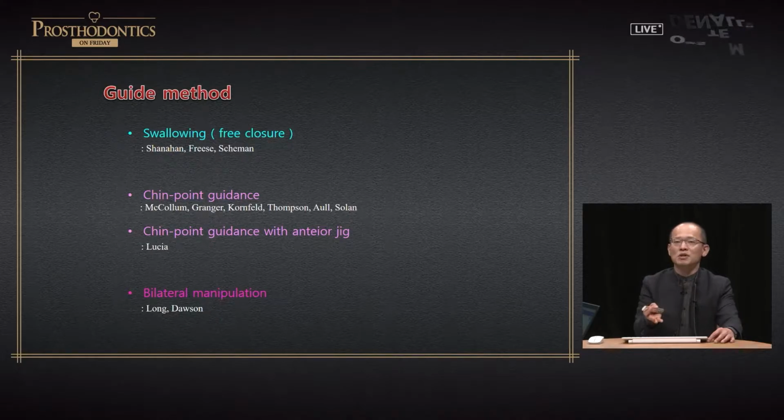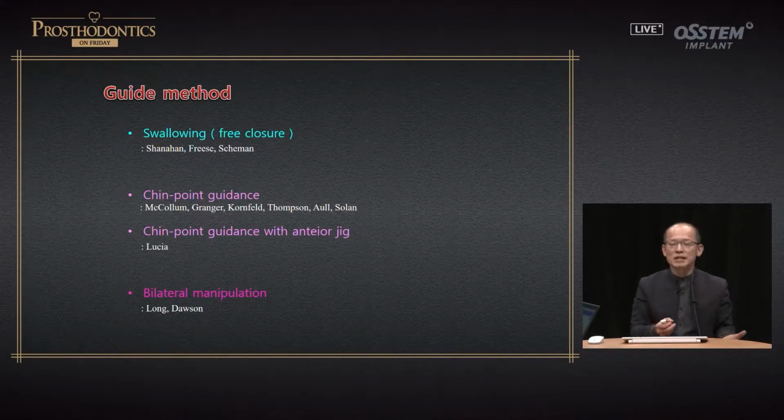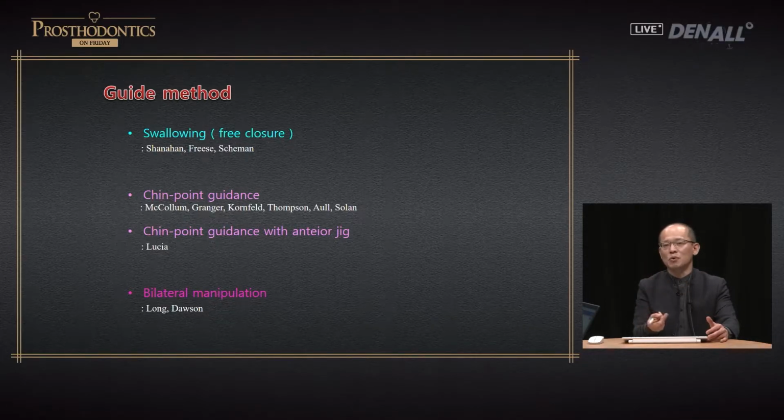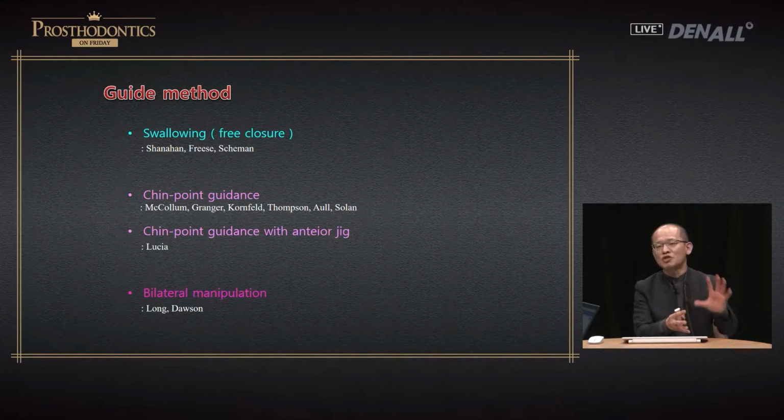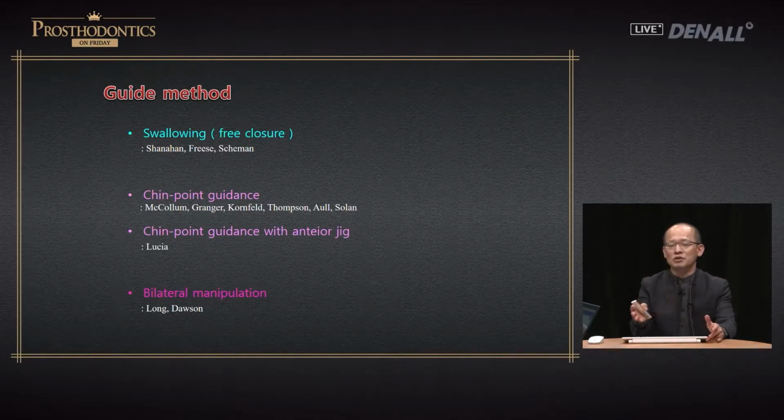But what is more important is this one. Clinically, how the practitioner guides the patient matters. For a full mouth rehabilitation patient, how you can be consistent is very important. As I said, consistency is key. So chin point guidance, or chin point guidance with an anterior jig, or bilateral manipulation are all things you need to think about. There are different points you can take as reference.